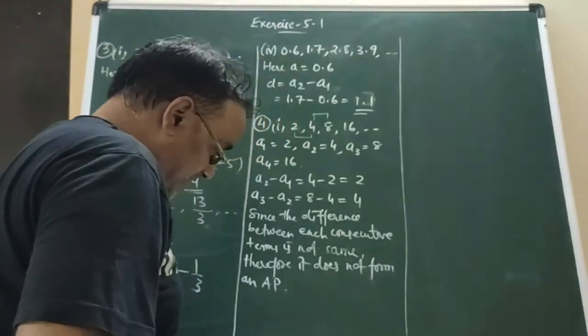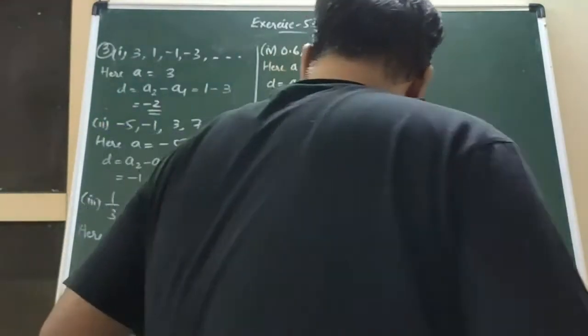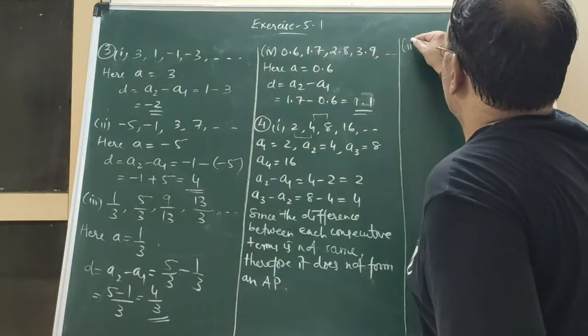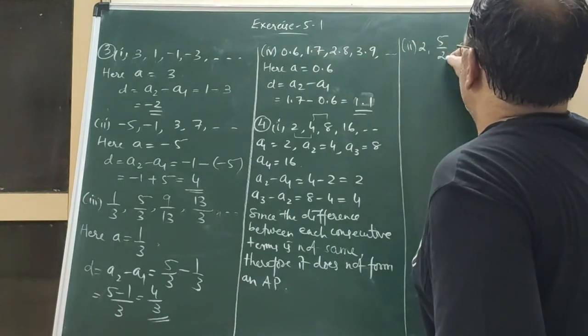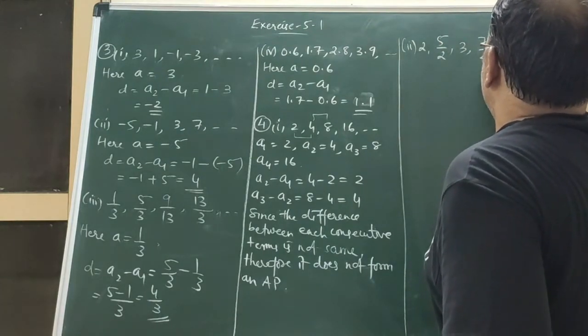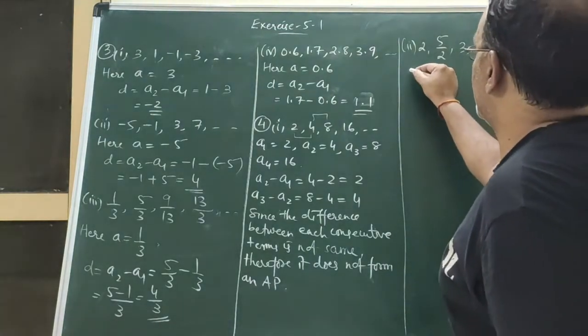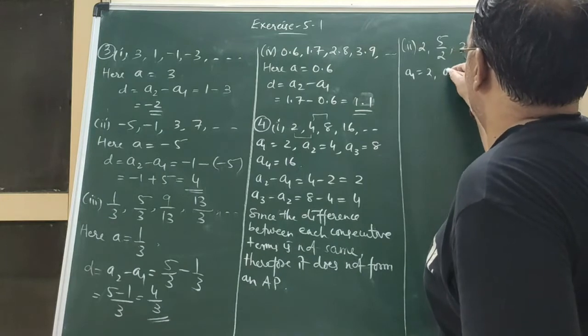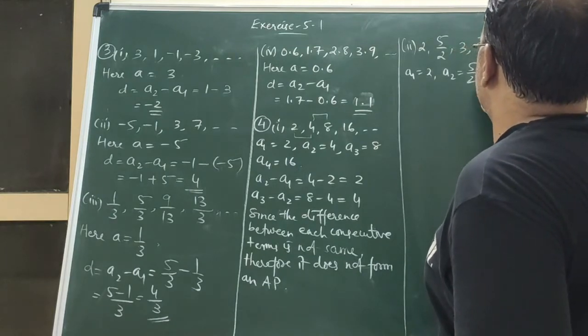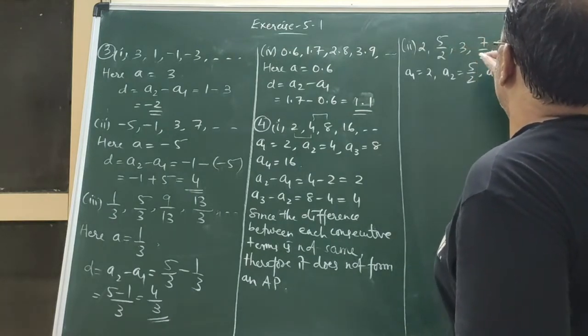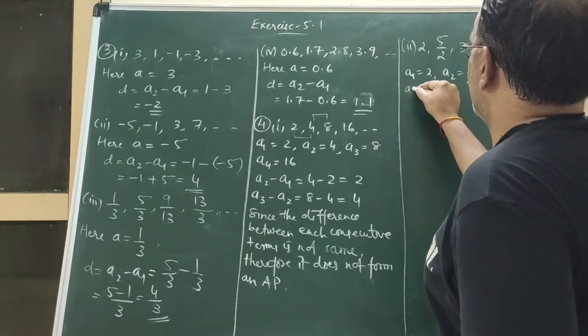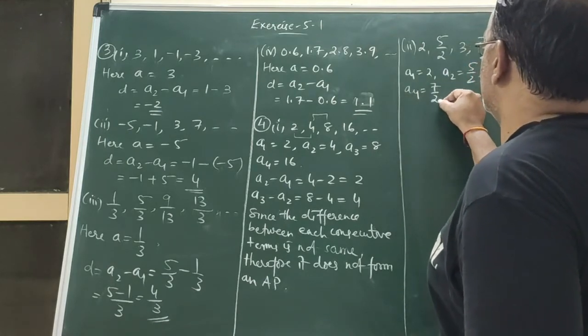Now the second one is 2, 5 by 2, 3, 7 by 2, and so on. Right? So here A1 is 2, A2 is 5 by 2, A3 is 3 and A4 is 7 by 2.